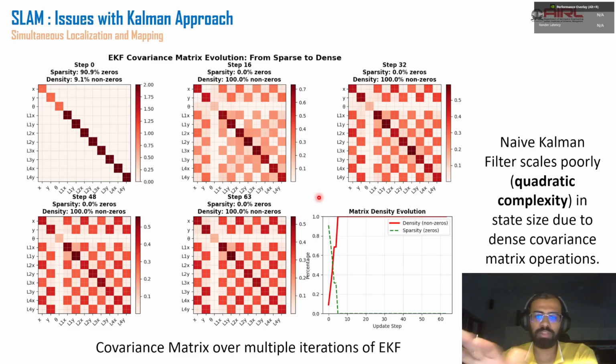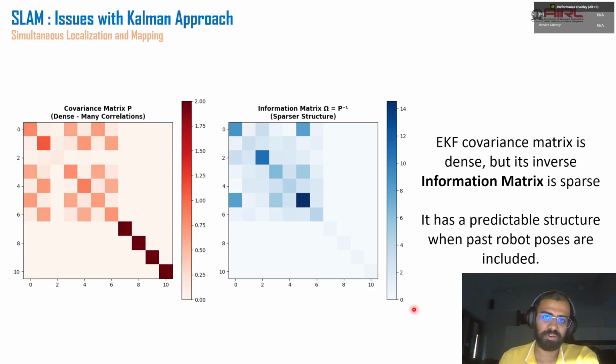So 32, 63, and you can see the evolution of the density with the number of steps in this bottom right graph. And that's bad because dense matrix operations are difficult and more expensive to do compared to sparse matrix.